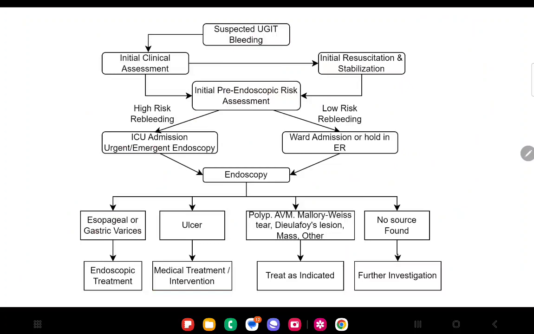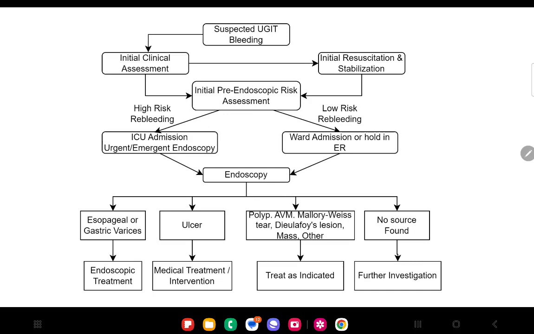if you can clearly identify the cause as esophageal or gastric varices, you can intervene with your endoscope, and you can do band ligation, cauterization, or injection of sclerosant. Even in an ulcer, if you find a spurt, you can coagulate or cauterize it.